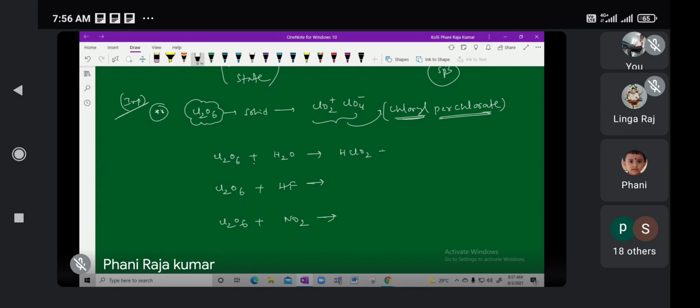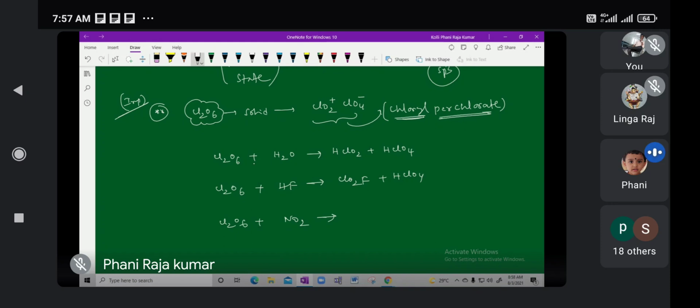One minute. HClO2 plus HClO4. With HF, ClO2F plus HClO4.